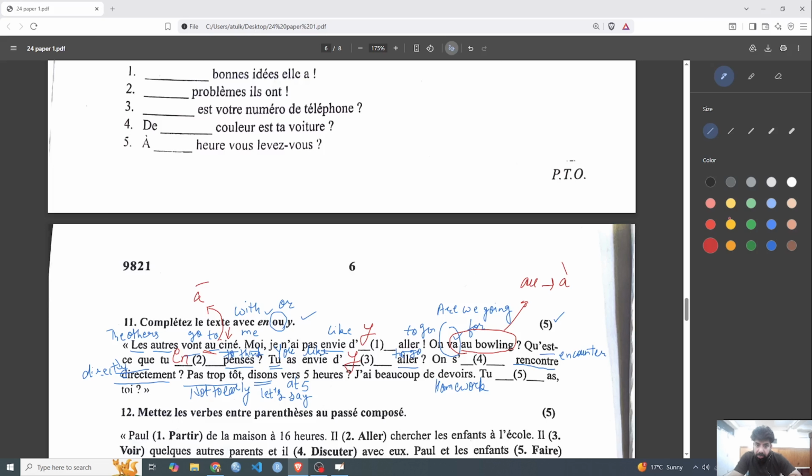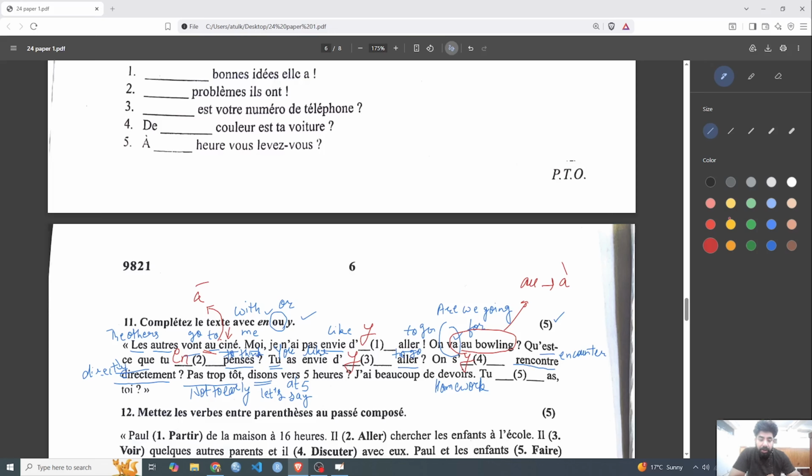So what we have to do here again, we have to write y only, because bowling is the place which has been introduced by "au", and then he's again asking where will you meet me, encounter.